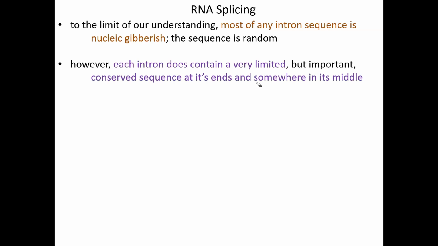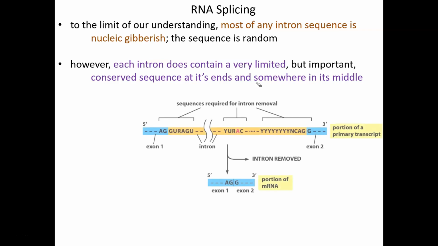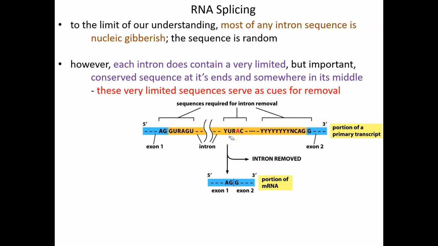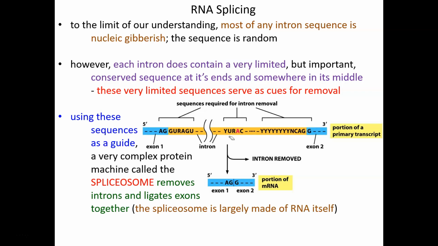Each intron does contain some limited conserved sequences that all introns have in common, and those sequences tend to be near the ends and in the middle of the intron. So cells can recognize the beginning, the end, and the center of an intron, and these sequences serve as a cue to remove those introns.